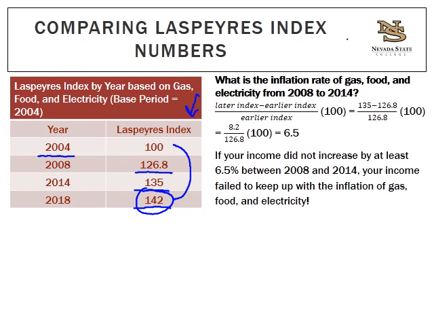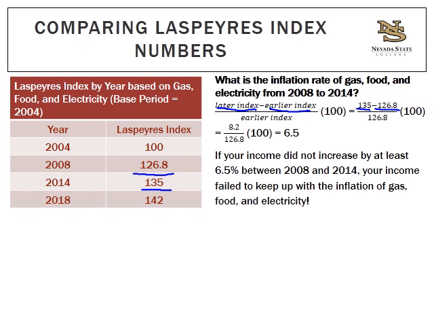So now you can see how to use the formula again to look at the rate of change from 2008 to 2014. Neither one of those years is 2004, so we have to use this formula here to look at the rate of change. So if you think about this, 2008 is going to be our earlier index, and 2014 is our later index.